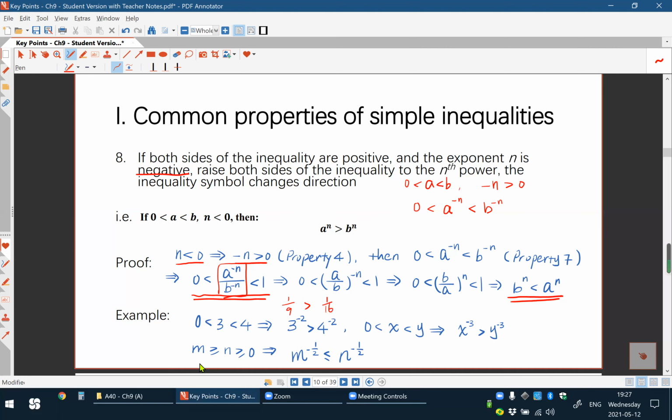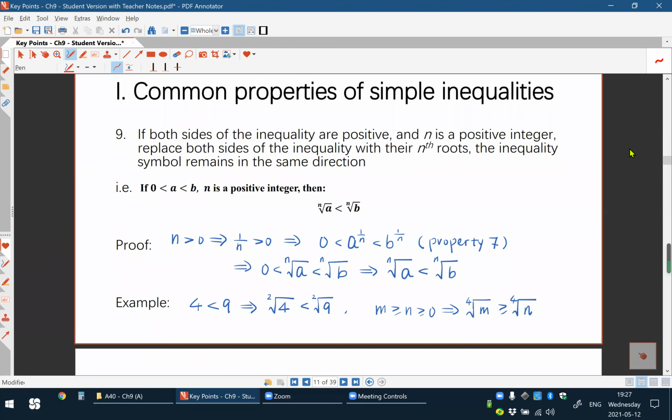Okay, and similarly, if we know that m is greater than or equal to n, and both m and n are non-negative, we know that m to the -1/2 is smaller than or equal to n raised to the -1/2. Okay. Any questions? No? All right, let's see the next one.